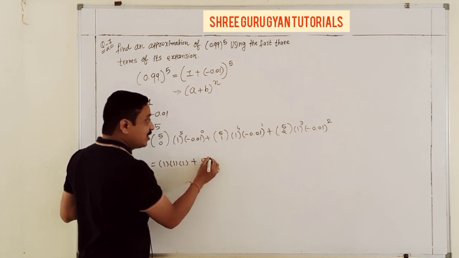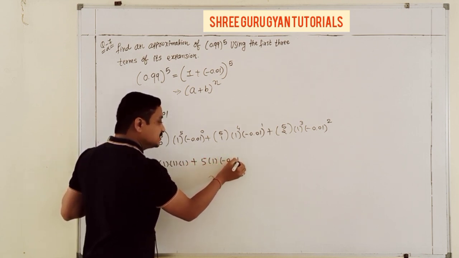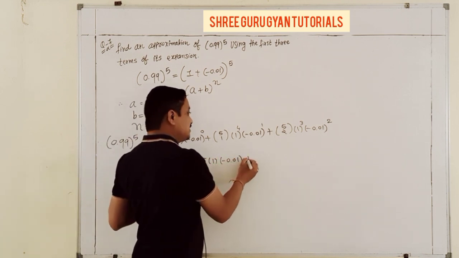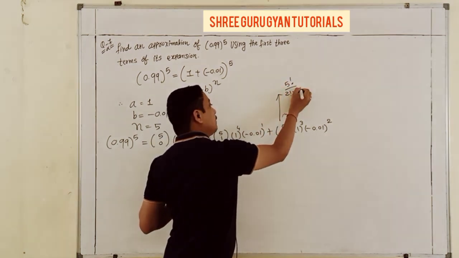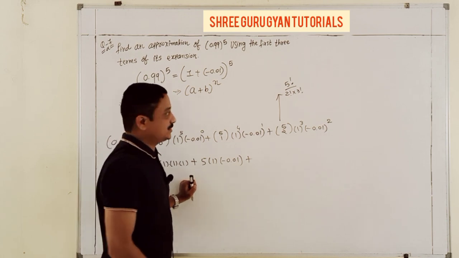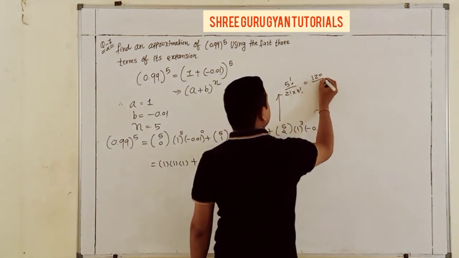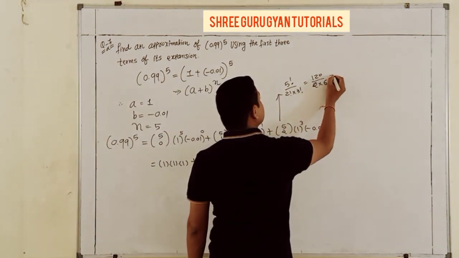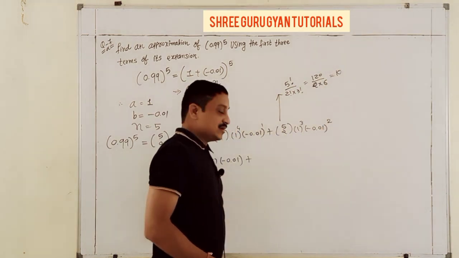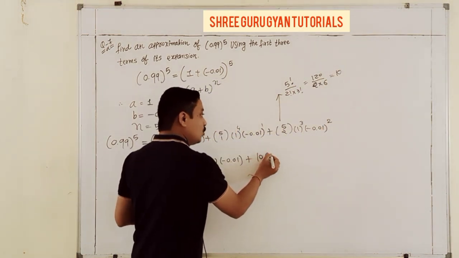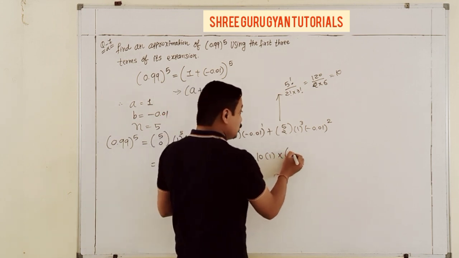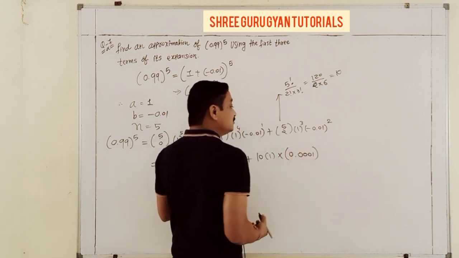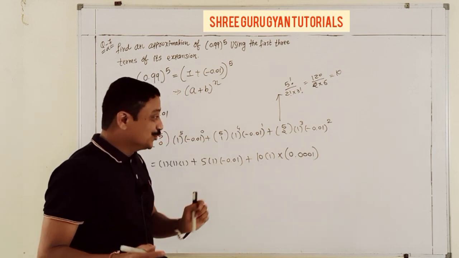5c1 is a 5 minus 0.01 and 5c2 students, you know it is 10. Either you calculate by these formulations. 5 factorial 120, here 2, it is 6. Yes, it become 10. So my value is here 10 1 and here 0.01 square, 0.0001 minus is plus, total 4 digit that.